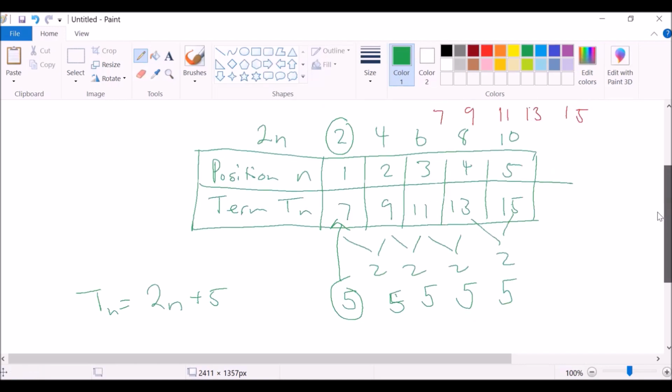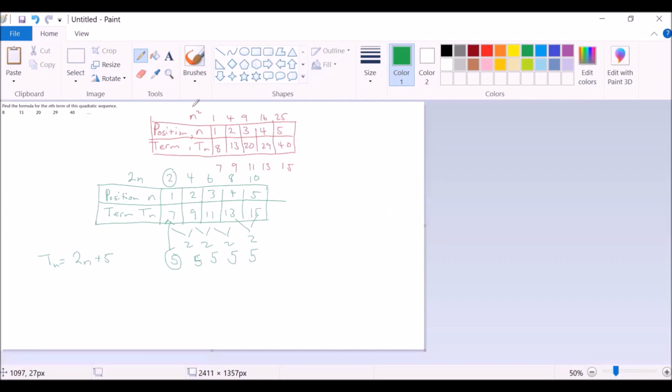All right. So now to combine it, here we have n squared and 2n plus 5. So the term at any position n will be n squared plus 2n plus 5.